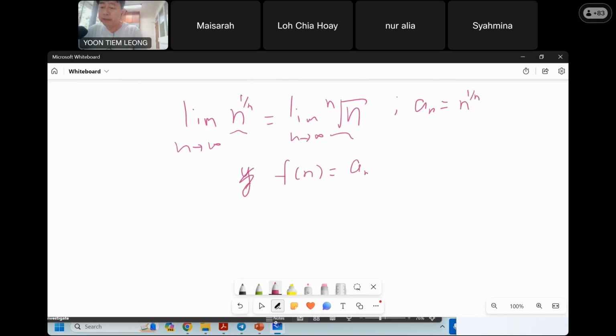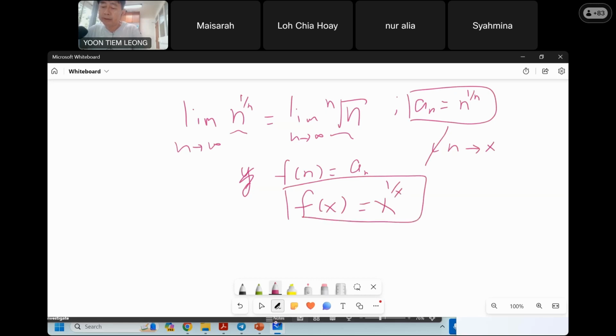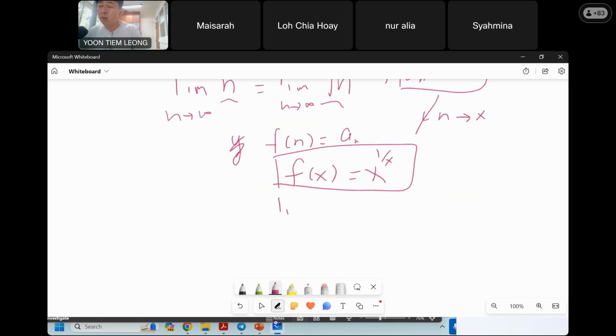So it is obviously easy to write down the expression of the function f(x), where you just simply replace the n in the sequence by x. So you just write down x raised to the power of 1 over x. So I am now looking at this function. What I'm going to do is find out the limit of the function f(x) when x goes to infinity.